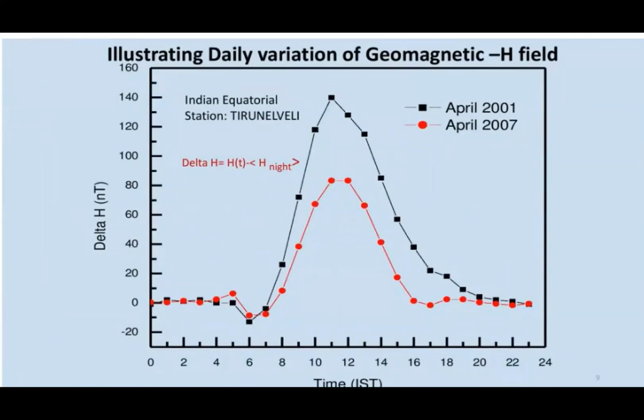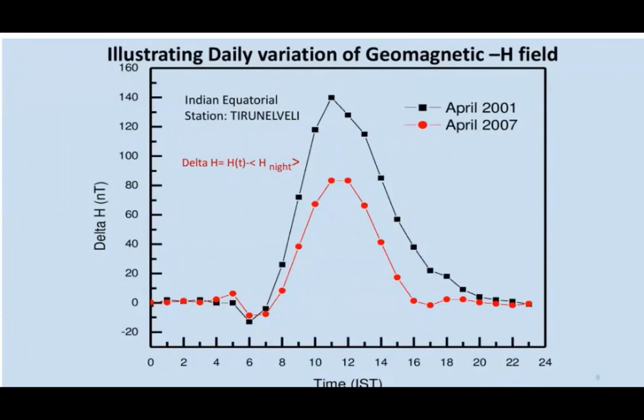The two graphs are for April 2007, the red line, which is a solar minimum period, and the black curve, April 2001, for the same month but for a solar maximum period.